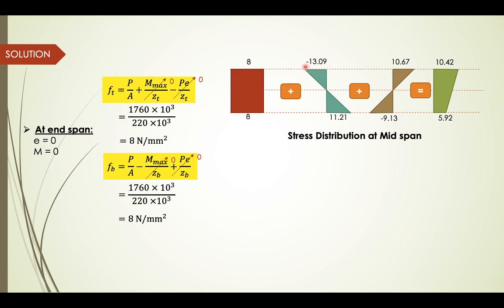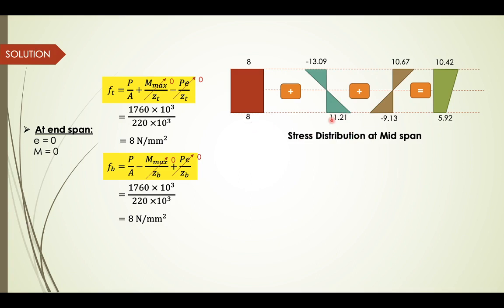For this part, we are going to consider the top value as negative 13.09, then plus this value with 10.67. So we have 10.42. This is the total or final value for the stress distribution at mid-span.